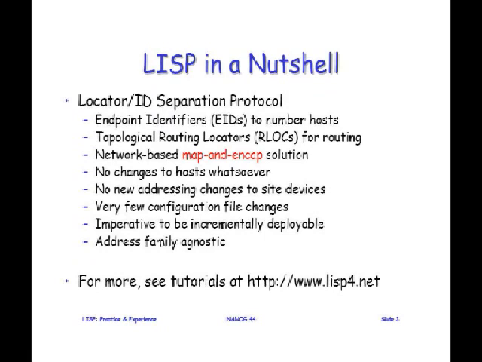So the idea is that if you split location from ID, then you can get the core side of the routing to scale better because you can have it more aggregatable. And then on the ID side of it, you could also get that to aggregate because you can decouple it from the topology. And we'll see how that works in a second. So that's the 10,000 mile view of what the hope of the locator ID split thing is.